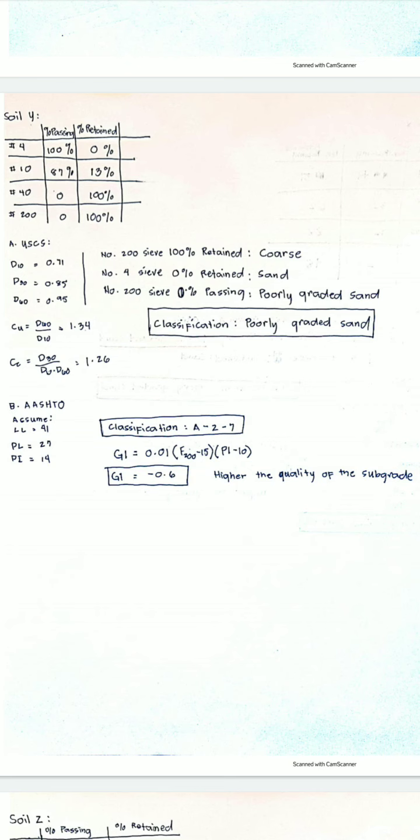For A-2-7, we need to use the group index formula of 0.01 times F200 minus 15 times PI minus 10. The GI of soil Y is equal to negative 0.6, meaning it is a higher quality of subgrade.